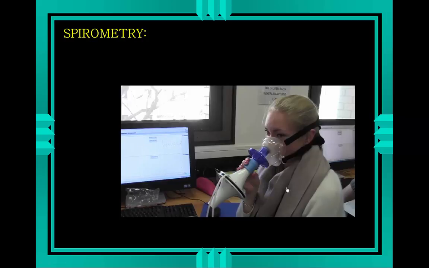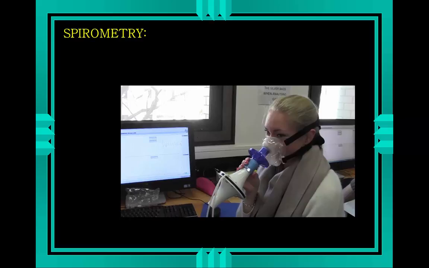We'll replay that again. Here we have a student volunteer, thank you, volunteer, connected to a spirometer. She's got a breathing mask into which she is breathing or ventilating. There's a filter which just removes saliva or any particulate matter.